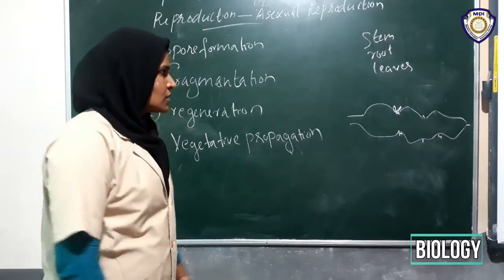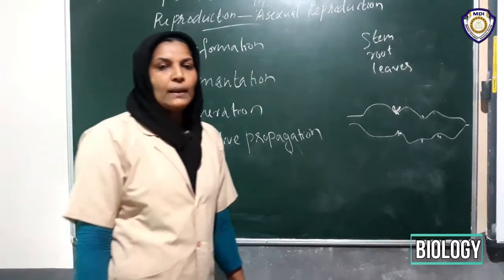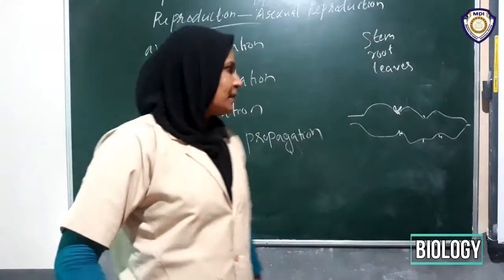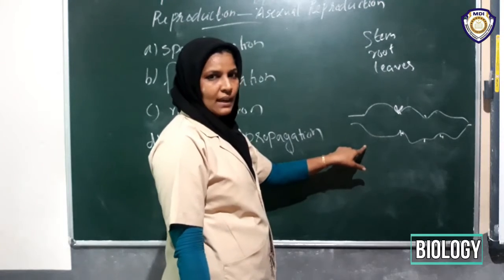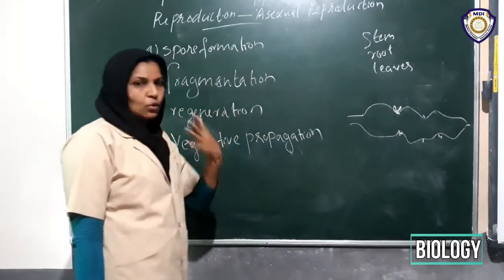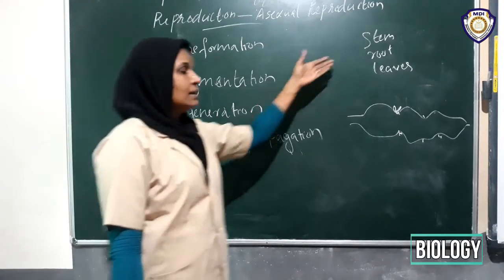Are you clear? This is noted well in the case of bryophyllum and epiphyllum. So study the examples: epiphyllum, bryophyllum. New plants are developed from the leaves, and other new plants are developed from the roots. Then the stem.